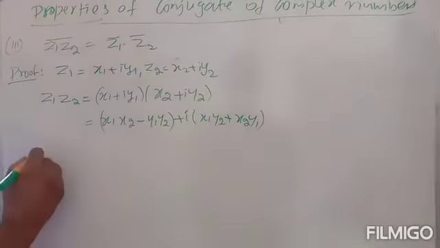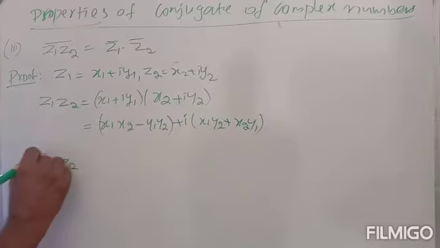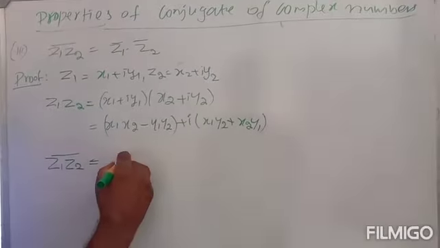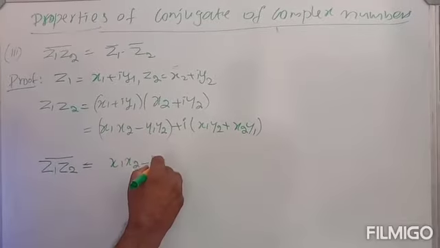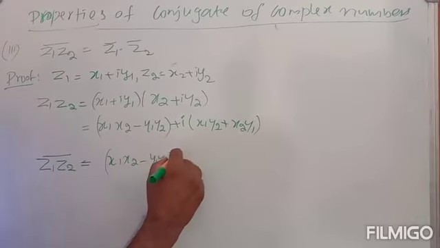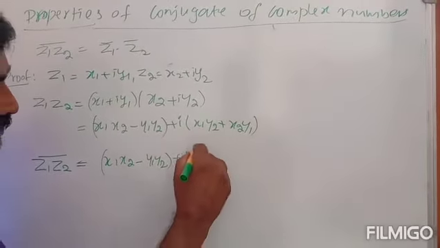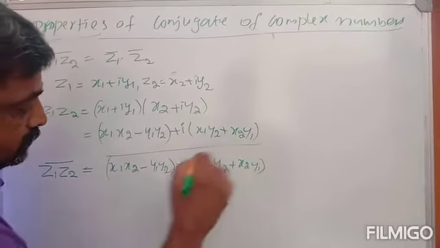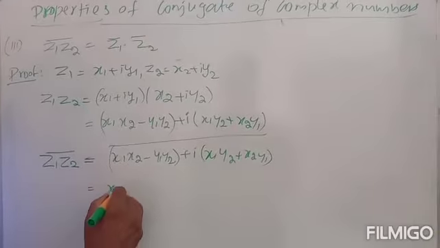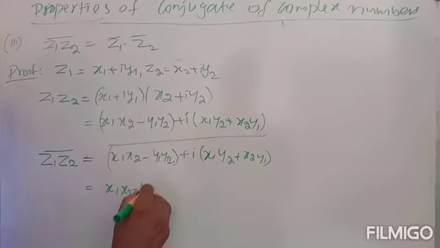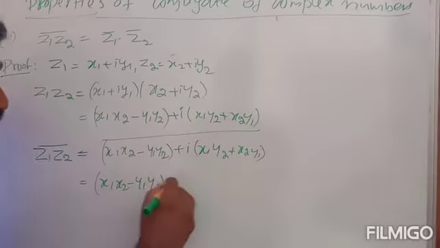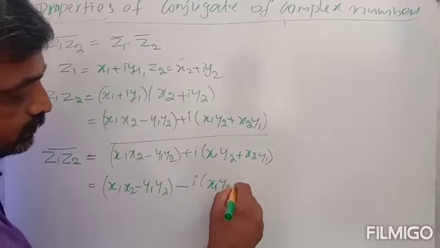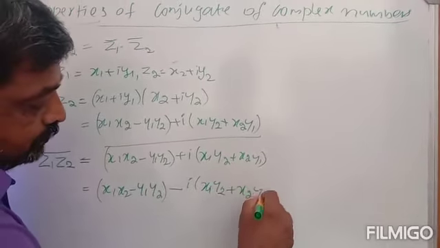But now (z1 z2) bar is equal to (x1 x2 minus y1 y2 plus i into x1 y2 plus x2 y1) whole bar. So that is equal to x1 x2 minus y1 y2 minus i into x1 y2 plus x2 y1.